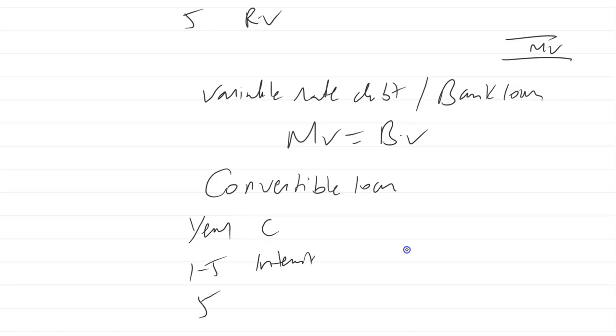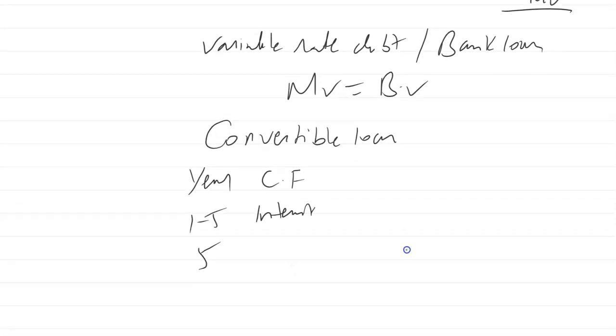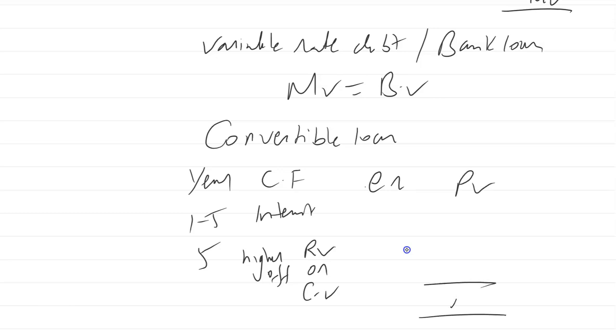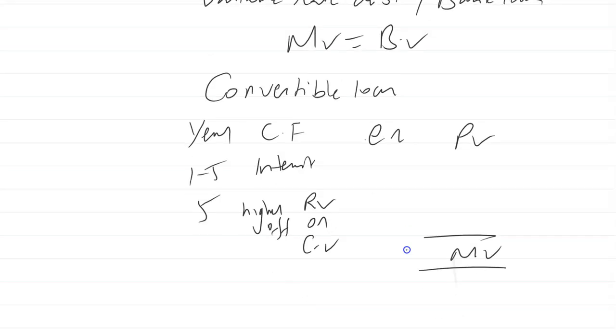The interest, but in the last year it can be the higher of redemption value or the conversion value. Conversion value has the same formula which we have used above. Discount with required return, and the present value will be called the market value of the bond.